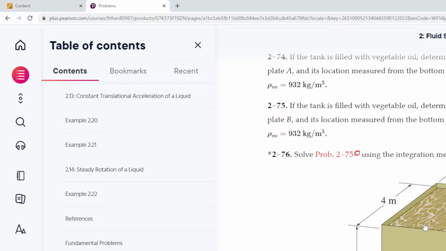So the problem is he's got two things. Use the formula to determine, with rho equal to fish, the resultant force exerted on plate A, so that's the square plate. Okay, if the tank is filled with fish, determine the resultant force exerted on plate B, that's the circle, and the location from the bottom of the tank using the formula.